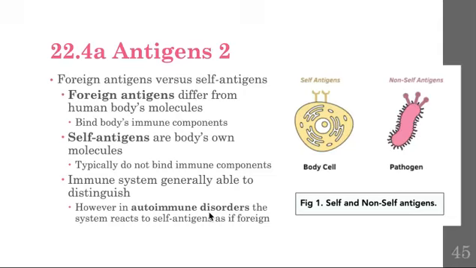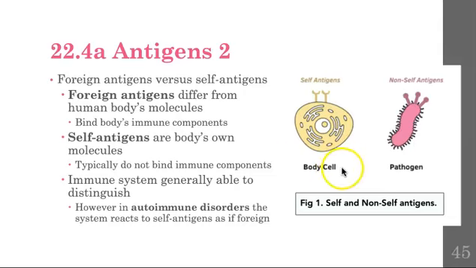So we can classify our antigens as being our foreign antigens or non-self antigens and our self-antigens. And this is pretty self-explanatory. Our foreign antigens differ from our own body's molecules, and so we're going to find them on pathogens, or maybe we have some type of transplant and we'll see the cells there as foreign.